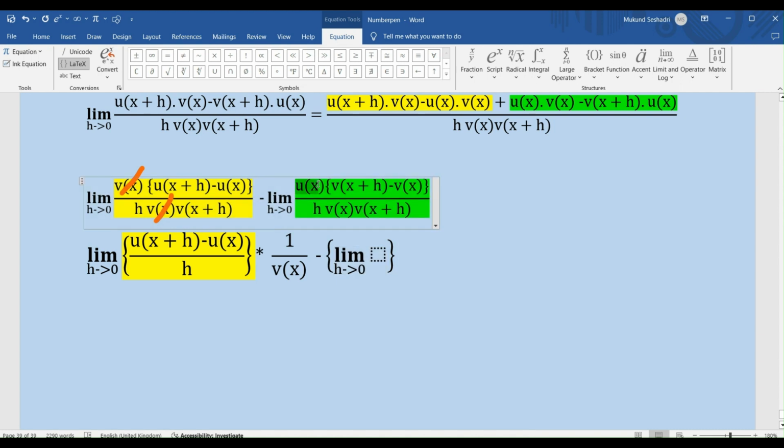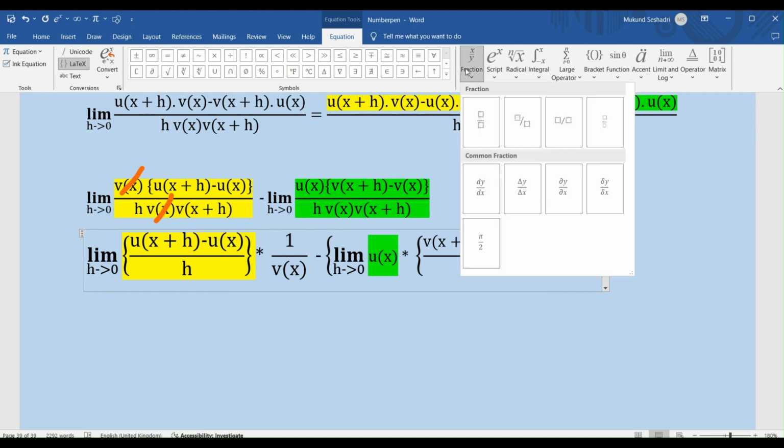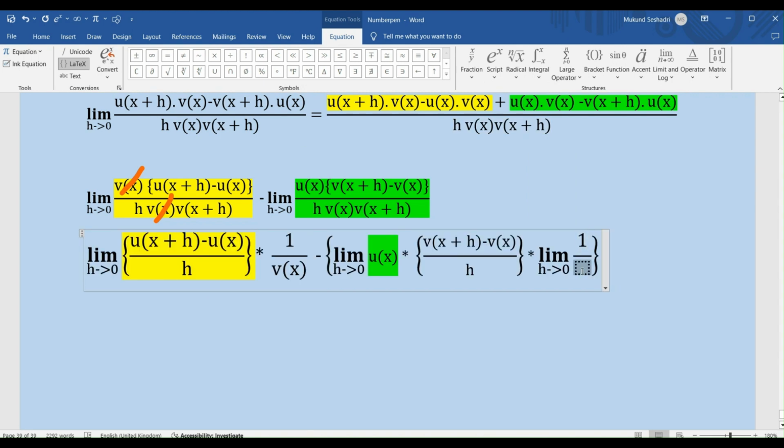This equation is nothing but u of x into v of x plus h minus v of x divided by h, into, again going back to the algebra of limits, I'm going to write this as limit h tending to 0, 1 divided by v of x into v of x plus h.